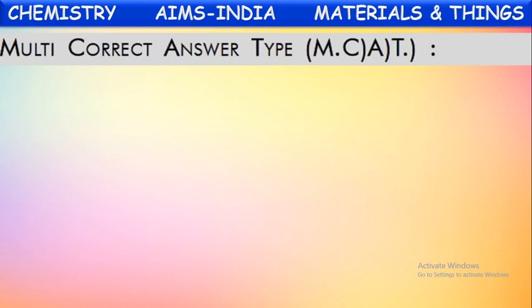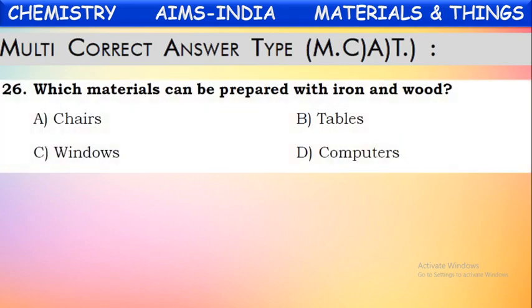Okay, first question: which materials can be prepared with iron and wood? Chairs, tables, windows, computers. Which can be made with iron and wood?